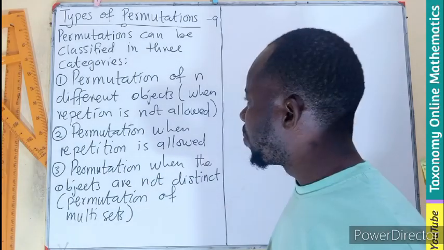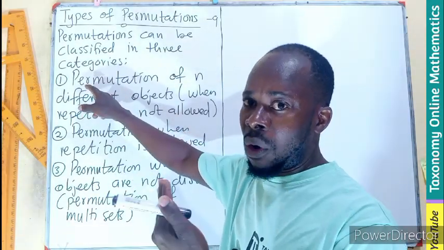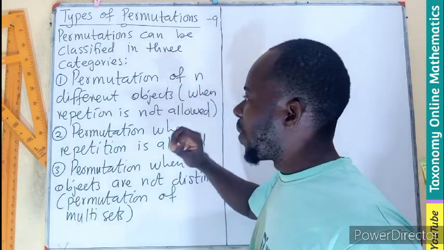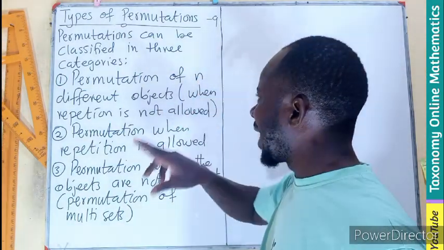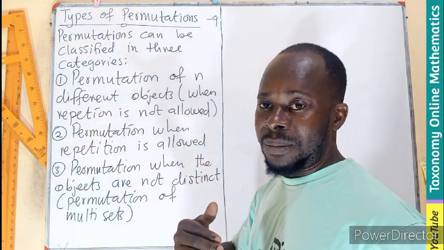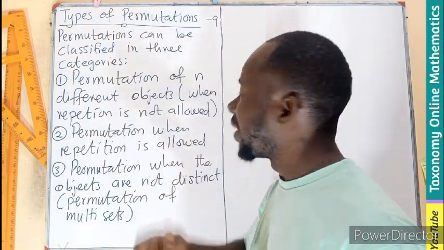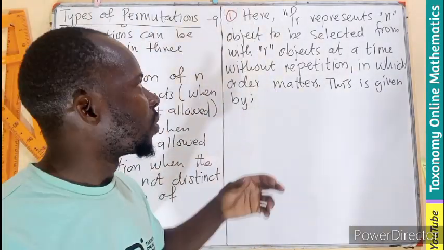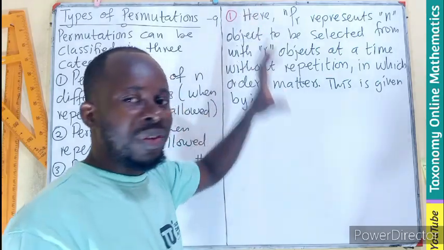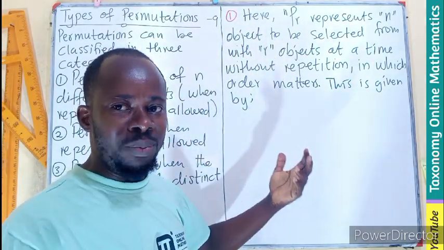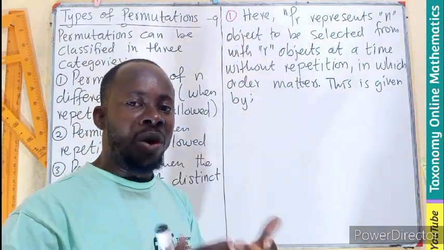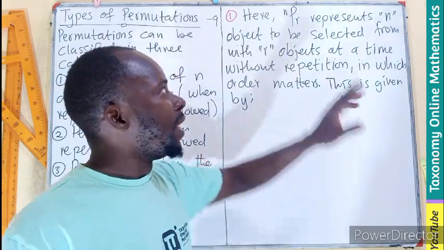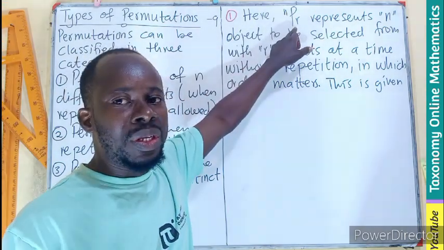Now, in the first instance, this will just be a recall of what we have done previously. If I have n different objects whereby I am going to be selecting r of them, then from the previous episode, the representation of n different objects available, with the arrangement of r of them at a time, is n permutation r.